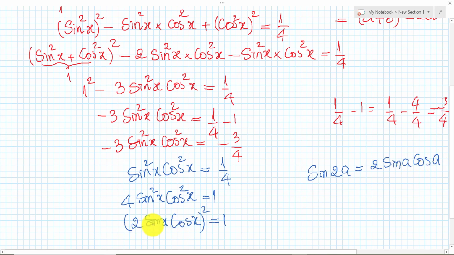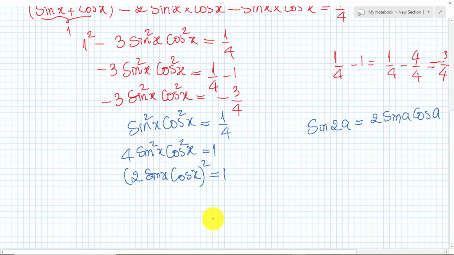So 2 sin(x) times cos(x), I can write as sin(2x), so (sin 2x)^2 equal to 1. So sin(2x) equals plus or minus the square root of 1, we get plus or minus 1.